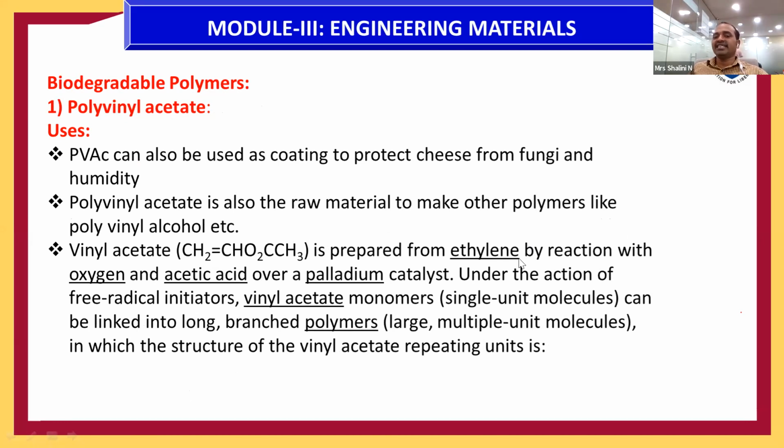Vinyl acetate is prepared from the ethylene molecule by reaction with oxygen and acetic acid in the presence of a palladium catalyst. This vinyl acetate undergoes free radical vinyl polymerization, and then we get PVAc, that means polyvinyl acetate.